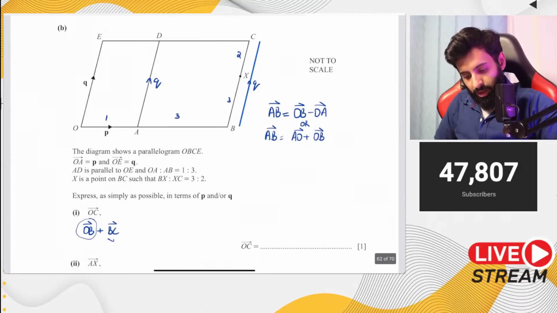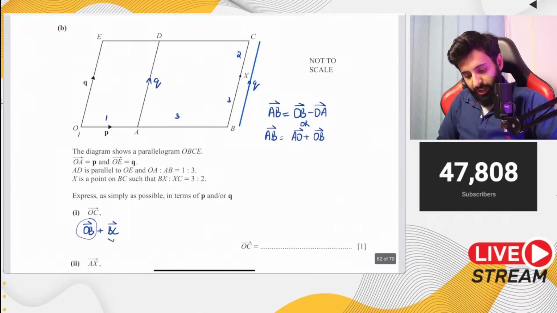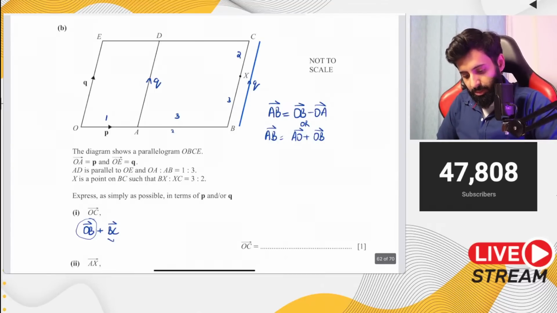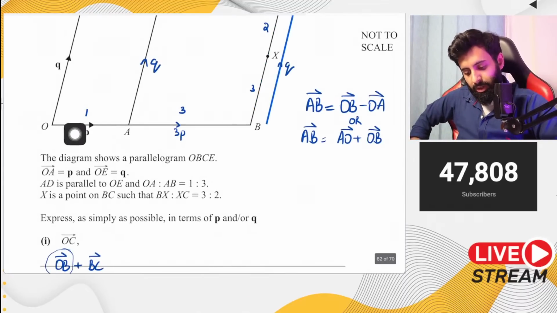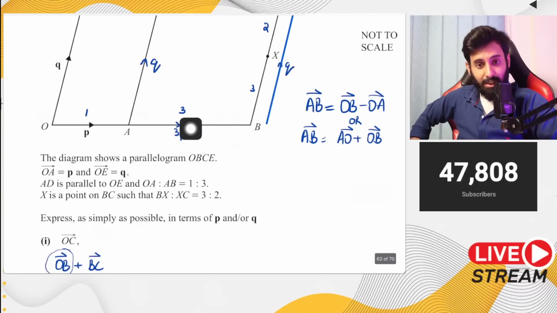Pay close attention. If OA is equal to P, and AB is 3 times OA, what is that going to be equal to? That's going to be equal to 3P. Why is that? OA and AB are in the ratio 1:3. That means whatever vector OA is, AB is 3 times of it.